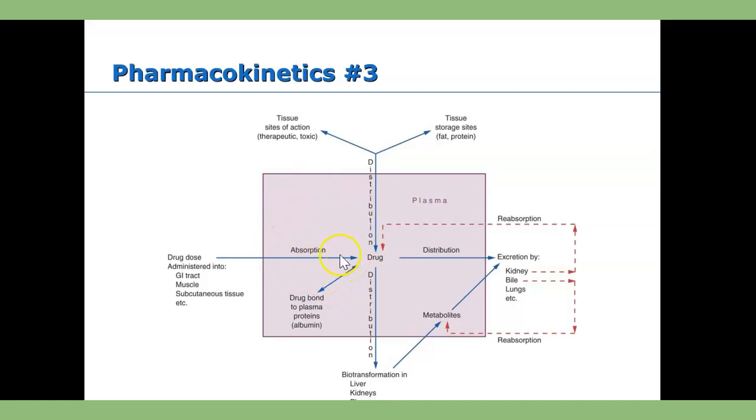So we have absorption, distribution. It's absorbed. You take the medication. Remember, you can take it orally, or it's going IM into the muscle, in the subcutaneous tissue, or directly into the vein, or sometimes directly to the site.